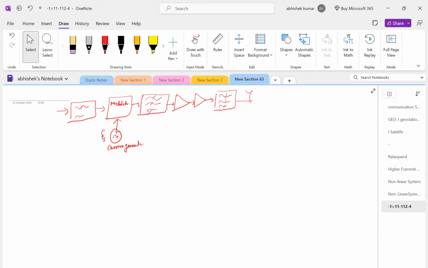Okay, are you able to see the figure? Can you observe how this non-linearity is happening? You can see how this non-linearity is happening. Go through the figure.